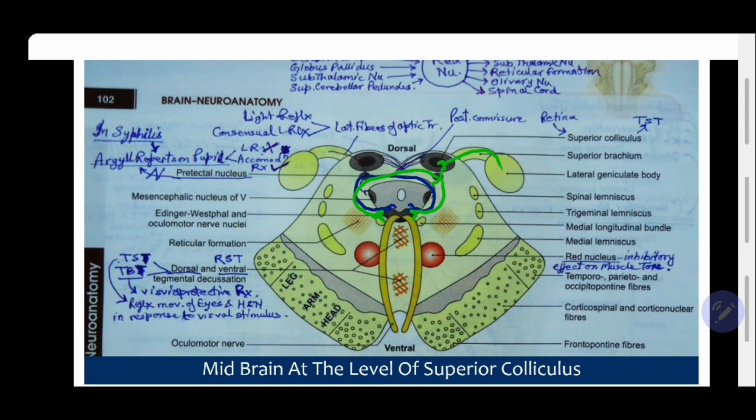You'll find tremors and twitches in the opposite limbs if there is injury to this red nucleus, and those are called the features of extrapyramidal pathway.